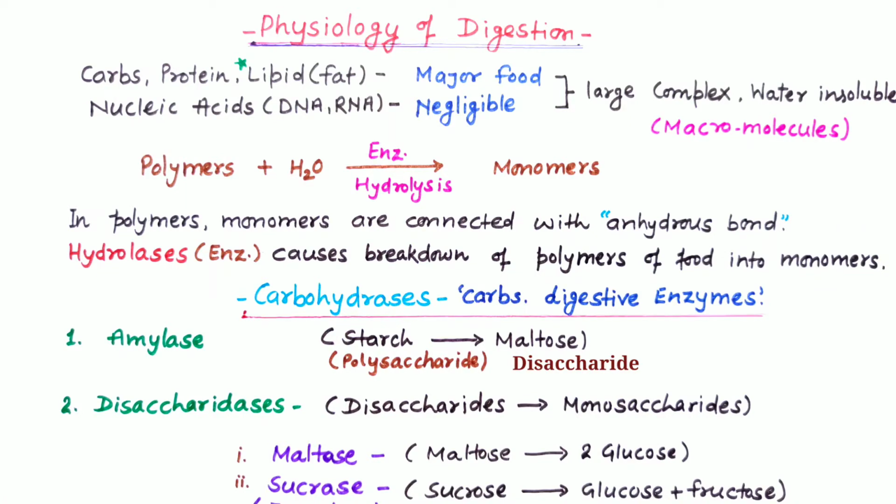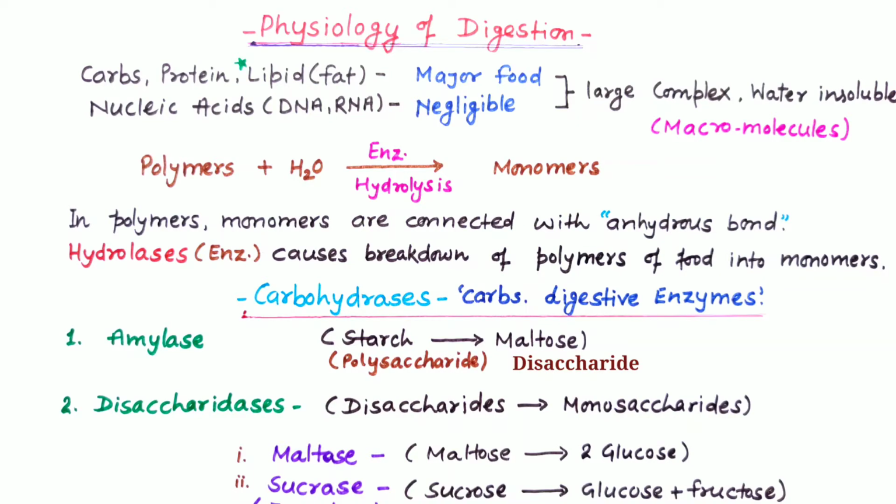So what is digestion? As we earlier know, this is the breakdown of complex water insoluble substances into simple water soluble substances. And what are the substances that we have to convert into simpler ones?